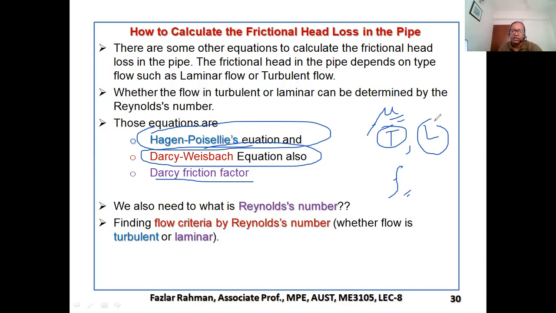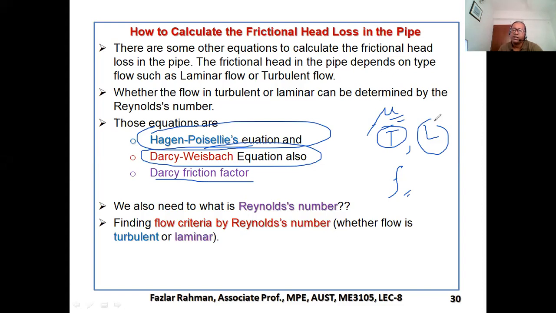But for example, air flowing through a glass tube, you cannot see the color of the air. You can put some smoke, but sometimes it is not feasible, right? Liquid petroleum crude oil flowing through a steel pipe, you cannot see from outside. So mathematically, you need a formula to know whether the flow is turbulent or laminar.